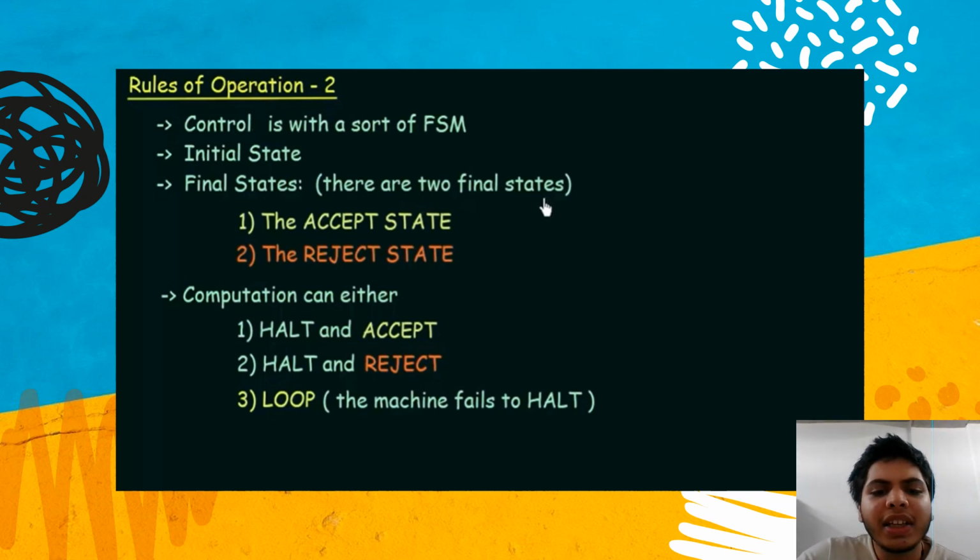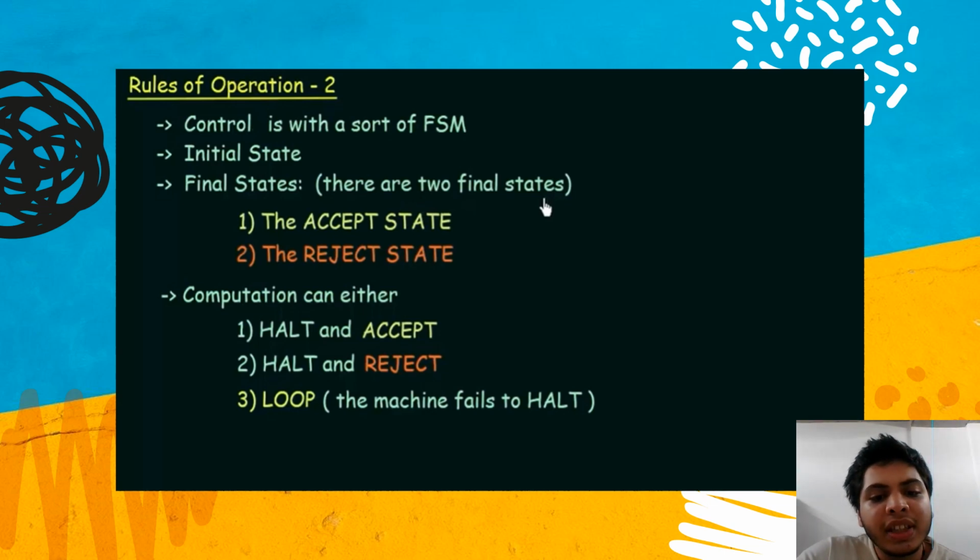And then there is a special case, case number 3, which we call loop. That means the machine fails to halt. So the first two cases are clear. It comes to an accept state or it comes to a reject state on a particular input. And on some input, the machine could go into a loop. That means the machine keeps on computing and it never comes to an accept state, nor does it come to a reject state.